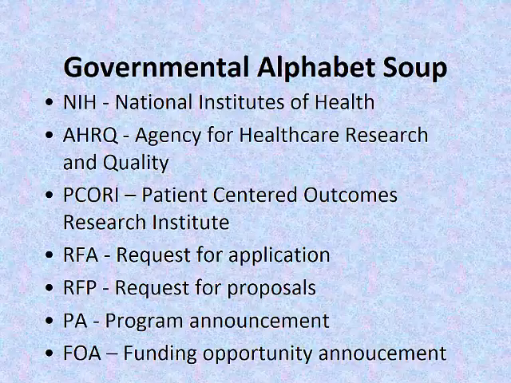We're going to talk a little bit about the government and how it is structured and where your grant actually goes. These are a bunch of acronyms that you need to master. NIH, I think you all know. AHRQ is the Agency for Healthcare Research and Quality. PCORI is an organization created by the Affordable Care Act, called the Patient-Centered Outcomes Research Institute.